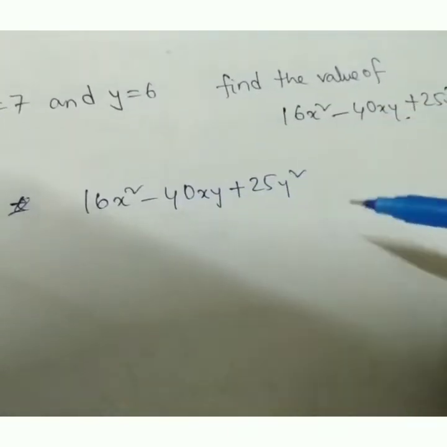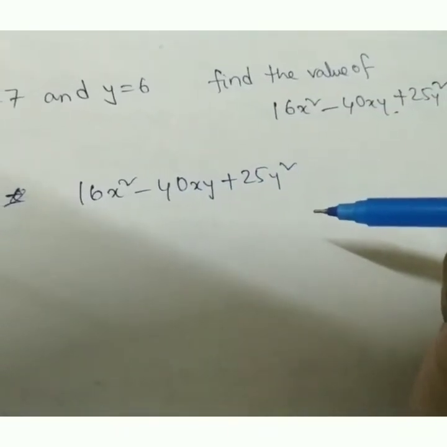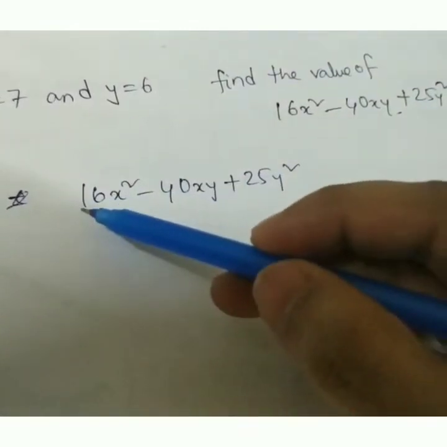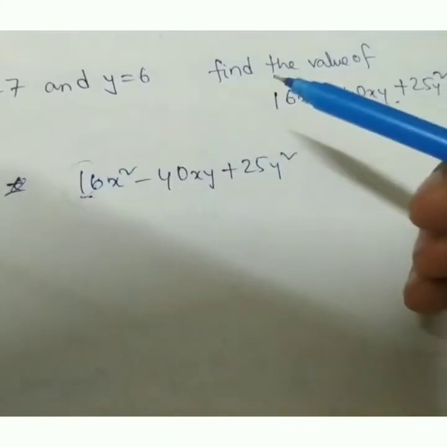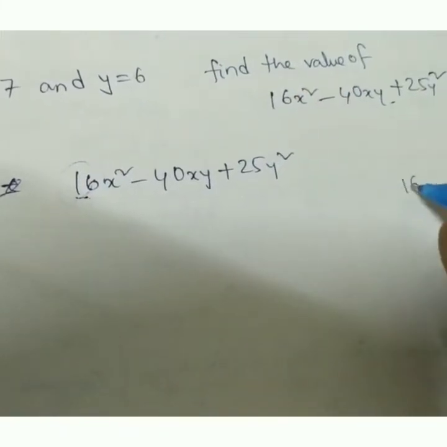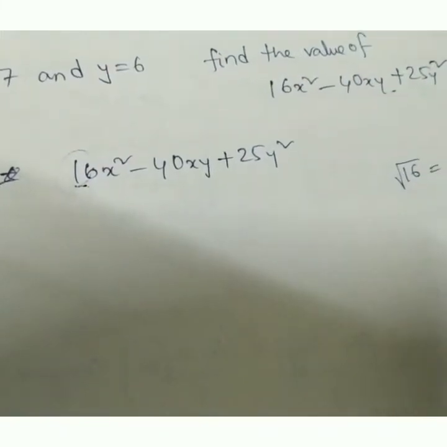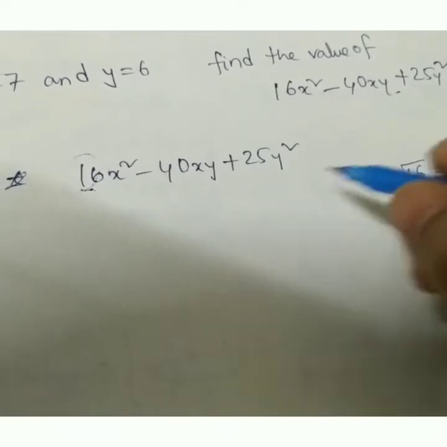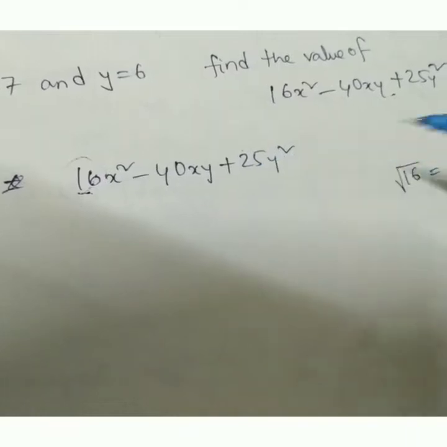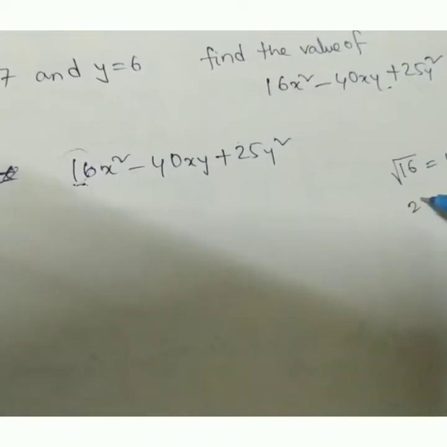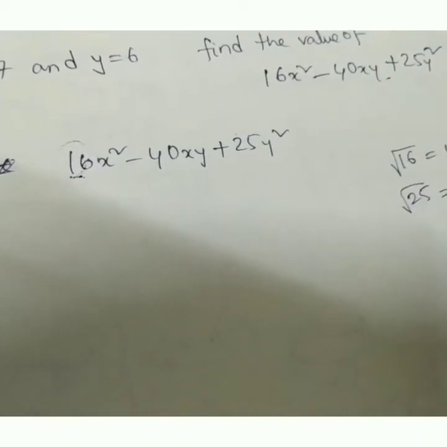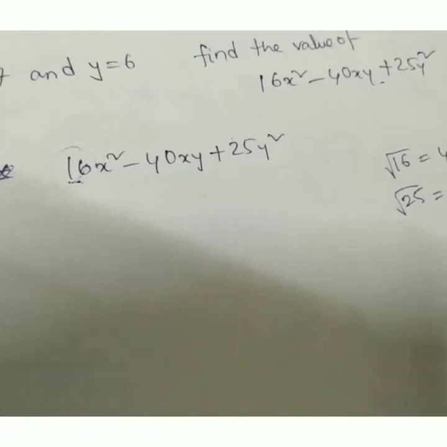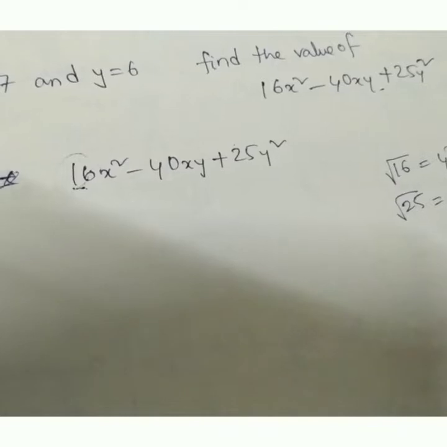So here you need to be very good with square numbers. If you take the square root of 16, what does it come to? We already know that it is 4. So 16 is the square number of 4. Similarly 25 is the square number of 5, because 5 square is 25. 4 square is 16.